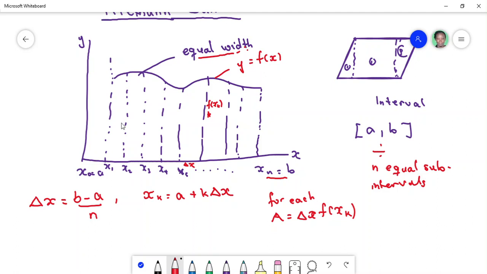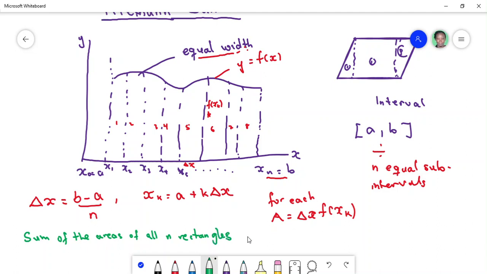So the sum of all the areas is area 1, 2, 3, 4, 5, 6, 7, and 8. So if I want to find the sum of the areas of all n rectangles, it is going to be what?